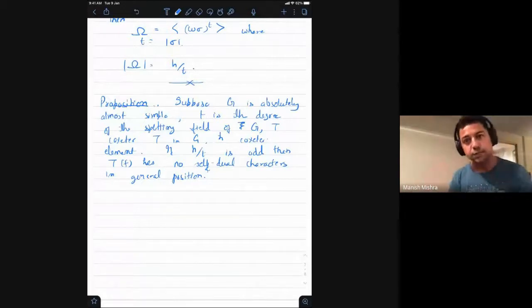And in this proposition, we are taking a Coxeter torus and trying to see for which groups the Coxeter torus will admit such a pair, and for which groups it will admit a conjugate self-dual pair, and therefore produce conjugate self-dual cuspidal representations.